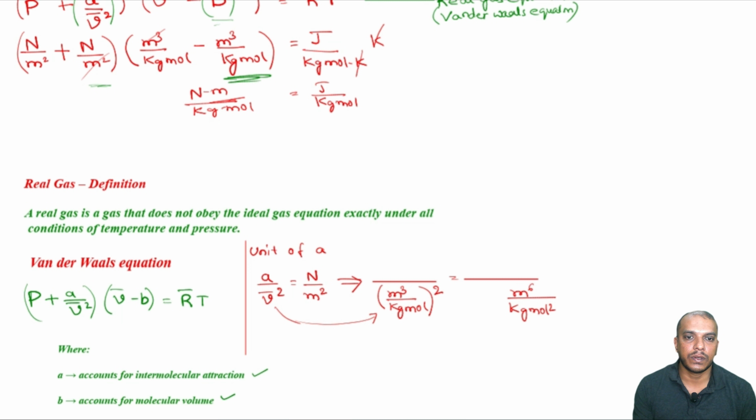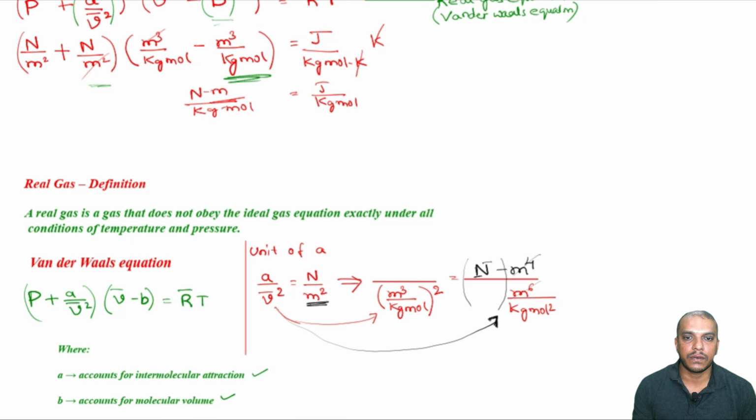Let us derive the unit of A. In the numerator, if we want to get Newton per meter square, we must have Newton. We are now trying to derive the unit of A. Our denominator is this, but in order to get meter square, meter power 4 should cancel out, so that we remain with meter square in the denominator.